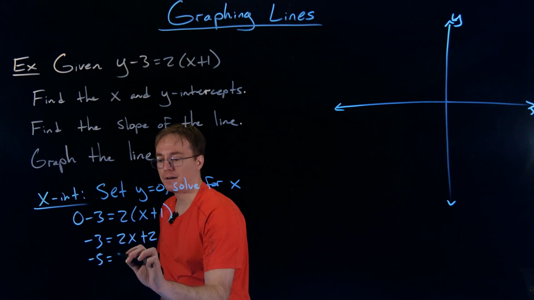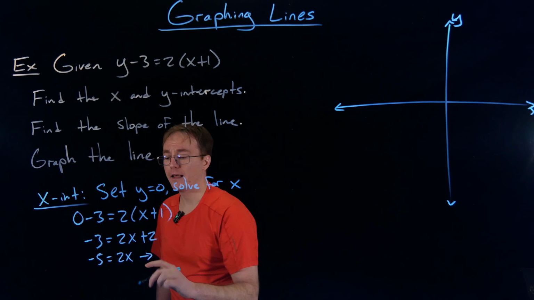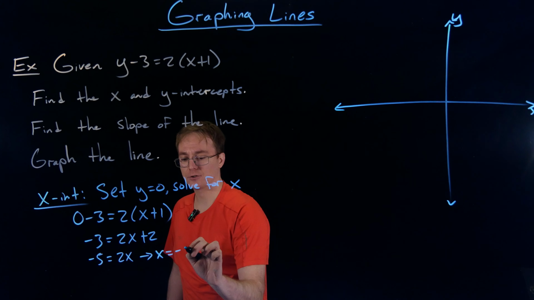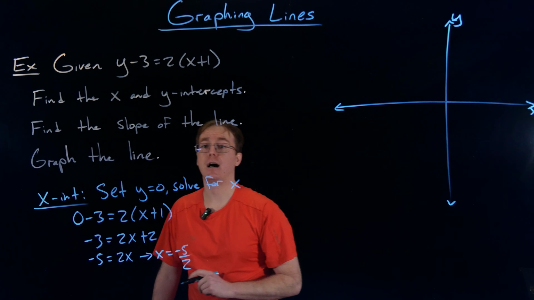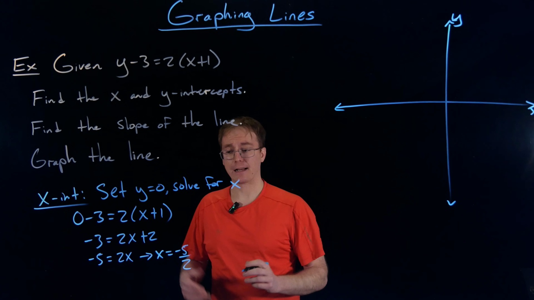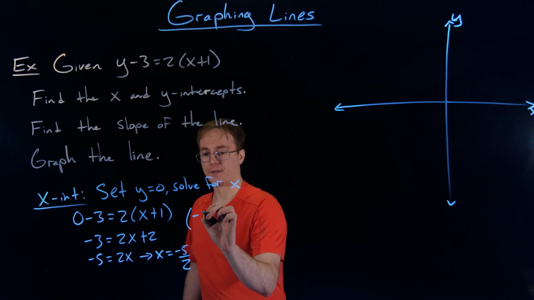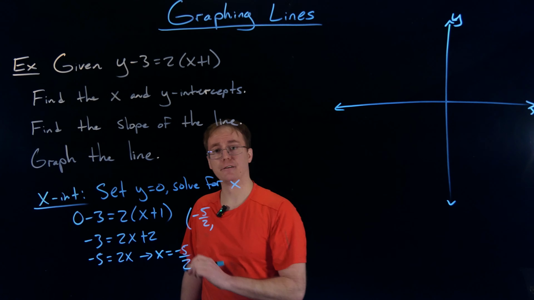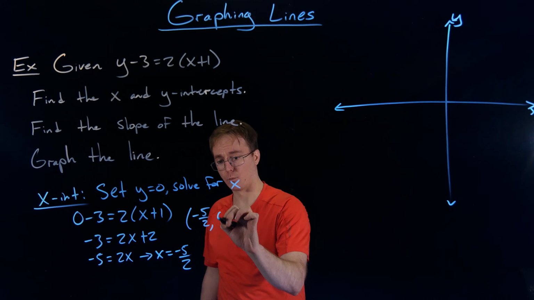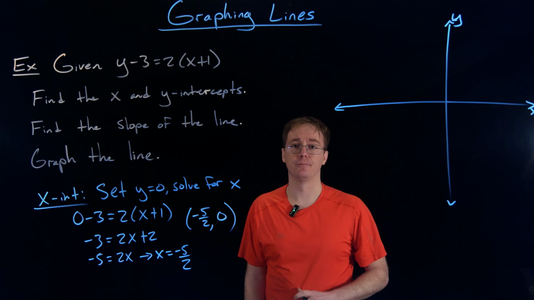That'll give us negative 5 is equal to 2x. And then we can divide both sides by 2 to get x by itself, and x will be equal to negative 5 over 2. And so now we know one point that is on our line, our x-intercept, is going to be the point with an x value or coordinate of negative 5 halves or negative 2.5 and a corresponding y value or y coordinate of 0.